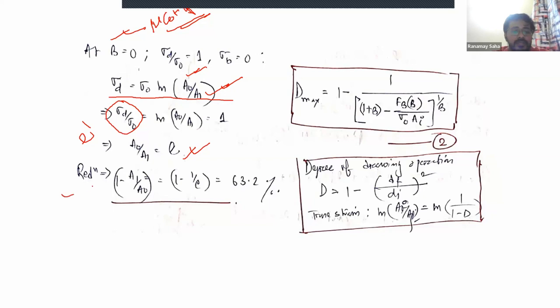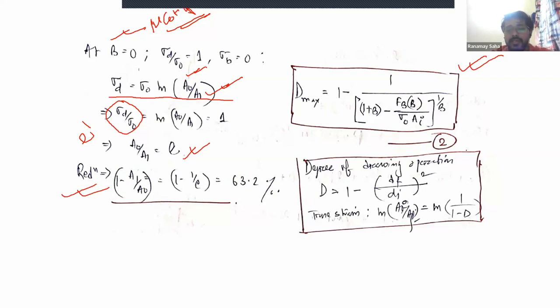This has been asked multiple times in several papers and exams, such as GATE. So this is the reduction percentage. In the ideal maximum reduction case, it is 63.2%.